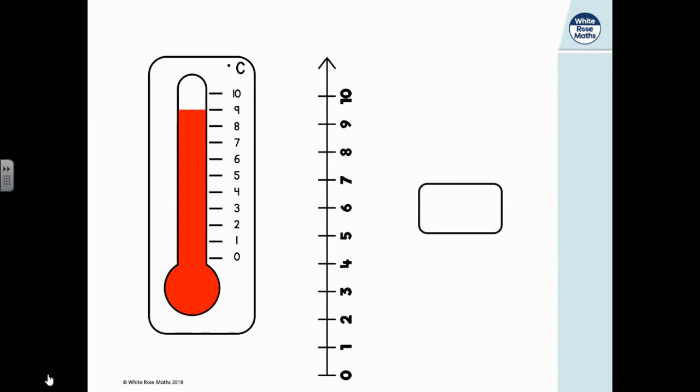What temperature is the thermometer showing now? Pause the video here to have a go. That's right, 9 degrees C. This thermometer is slightly different. This one goes up in increments of 2, just like this number line goes up in increments of 2.